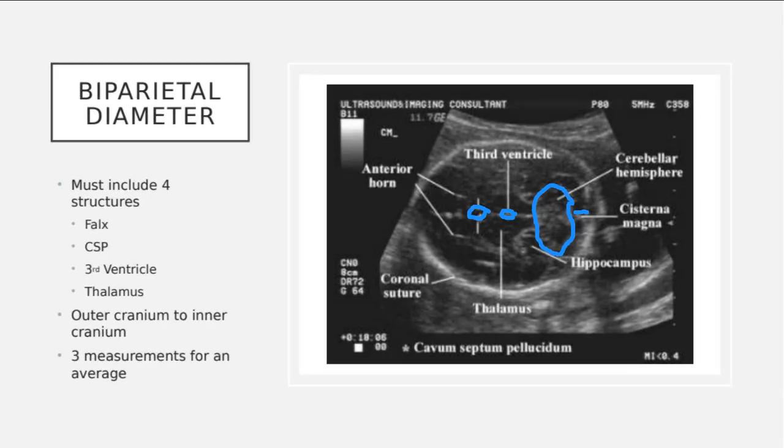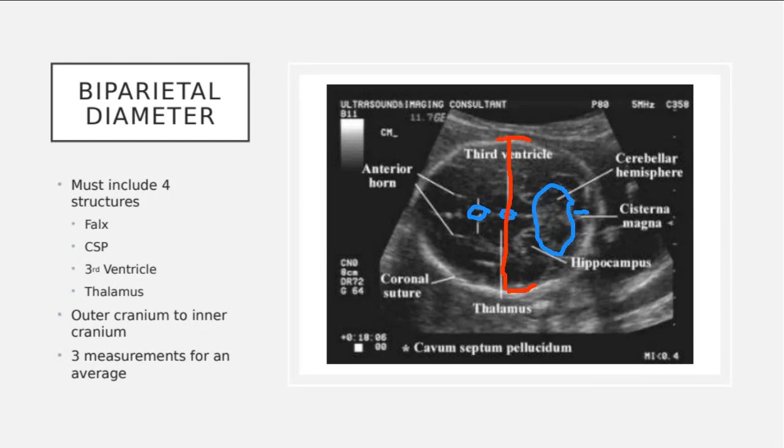So if this were an acceptable image, and we were able to do a biparietal diameter on it, we would go from the outer cranium to, imagine that was straight, to the inner. Okay, so here is my inner cranium, and here is my outer cranium.